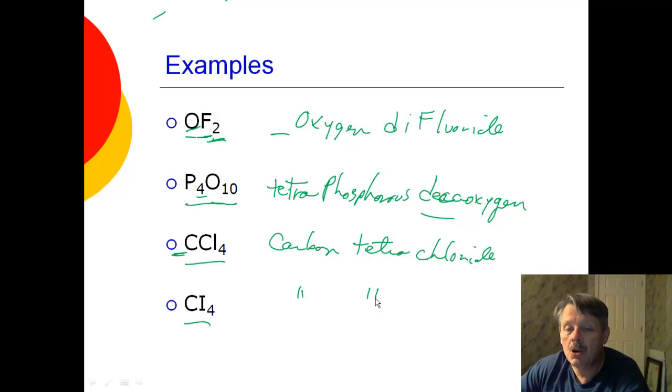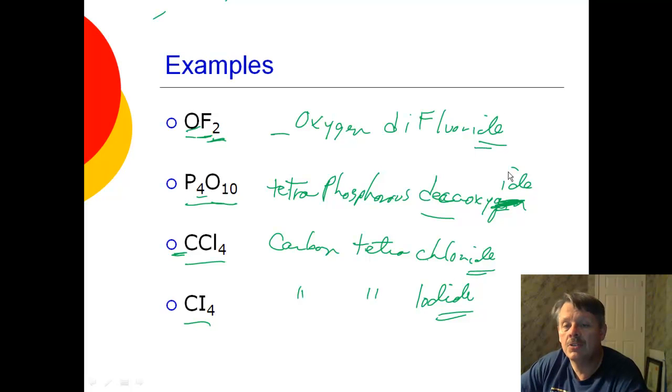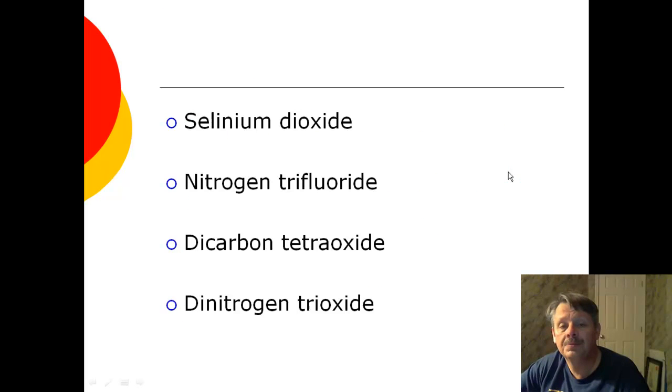That's going to be carbon tetraiodide. Right, again, notice they all end in IDE. This is wrong. So this is decaoxide. Glad I went back and checked that. Tetraphosphorus decaoxide. They all end in IDE, the second word. All right. Can you do these? Can you figure out what these are? Look them up. Figure out what they are.